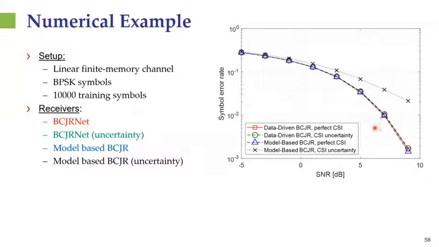However, under the same level of uncertainty, the data-driven implementation, namely when it is trained over a variety of channels, because we do not know in advance exactly to which channel it is applied, but it's in the same order of uncertainty as that under which we have tested the BCJR algorithm here, we're able to learn the function nodes quite accurately and obtain roughly the same performance as if we had trained the function nodes over the exact same channel conditions under which it is tested.